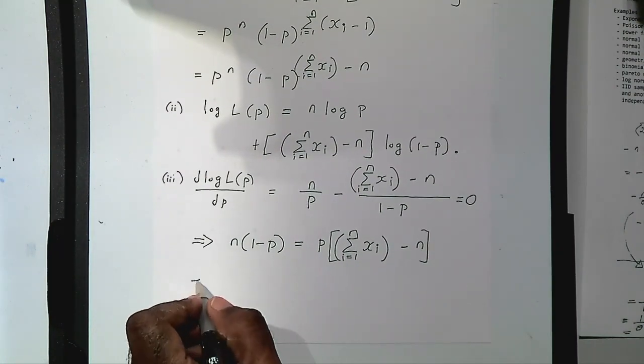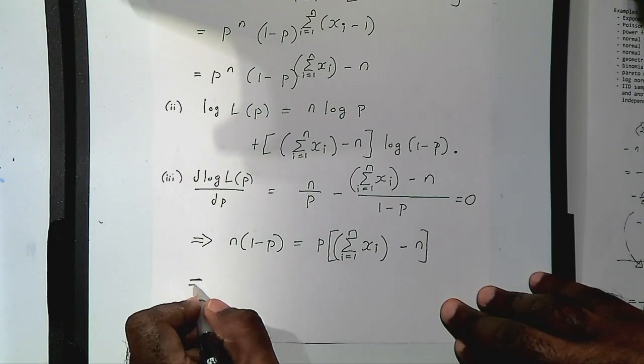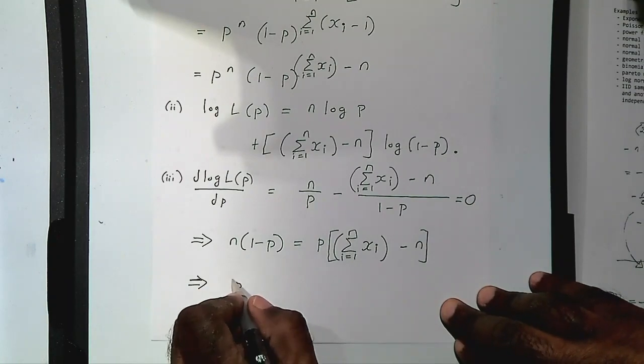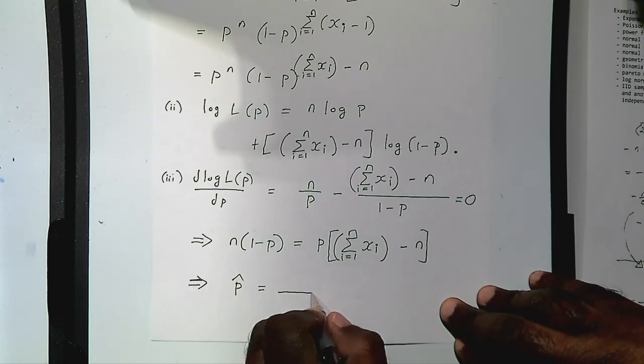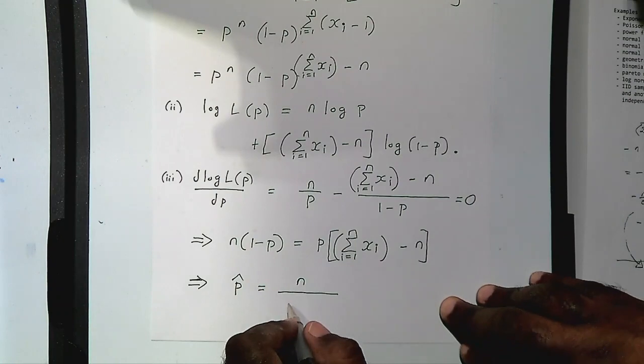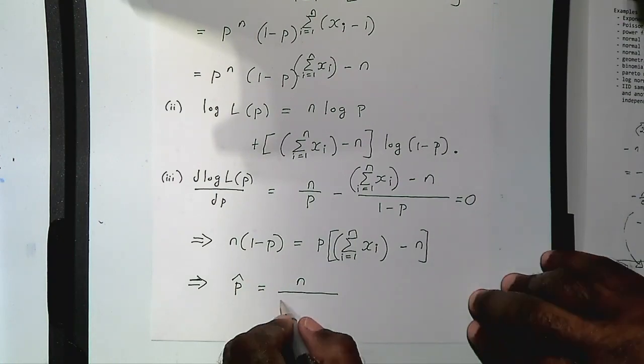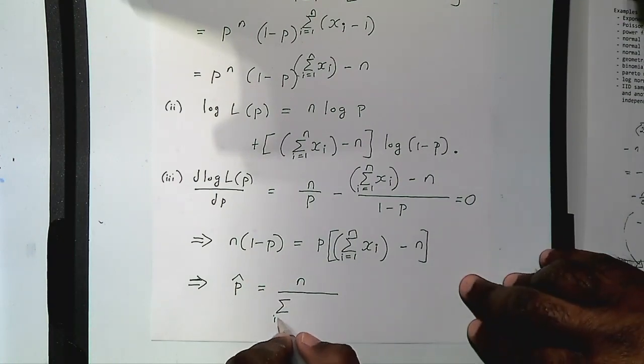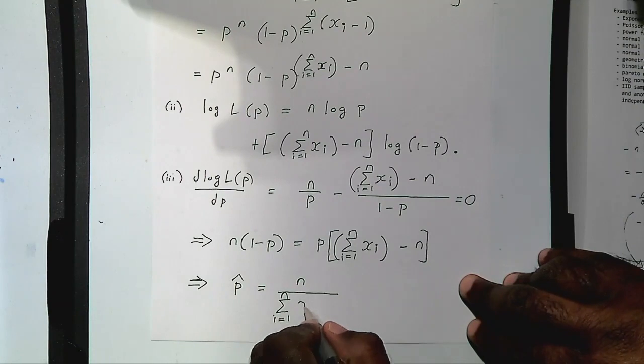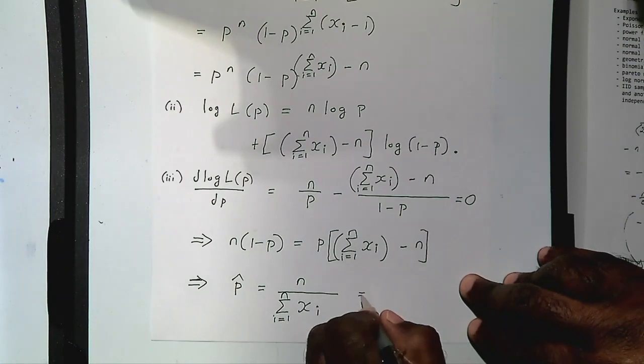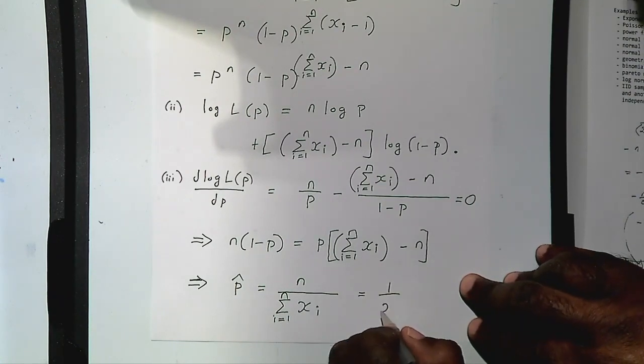You get p hat equal to n divided by the sum of xi, which is the same as 1 divided by the sample mean.